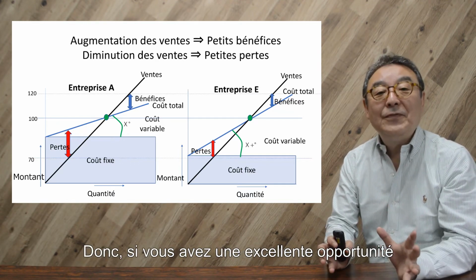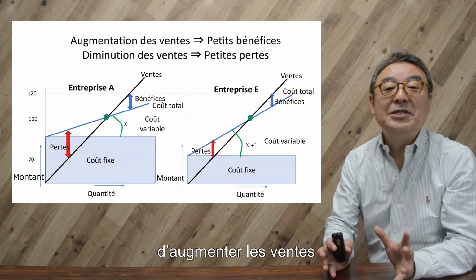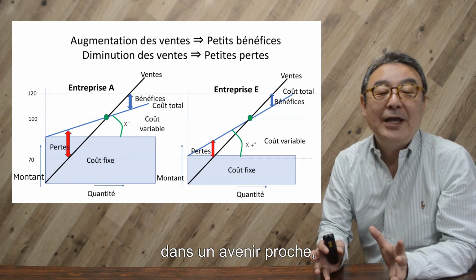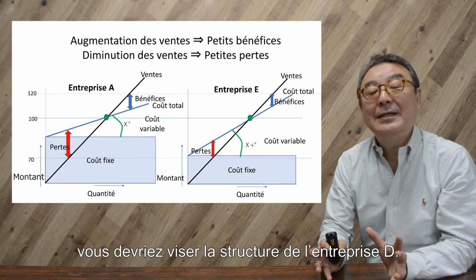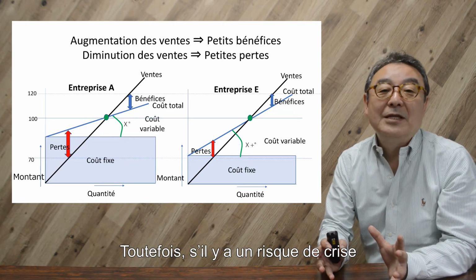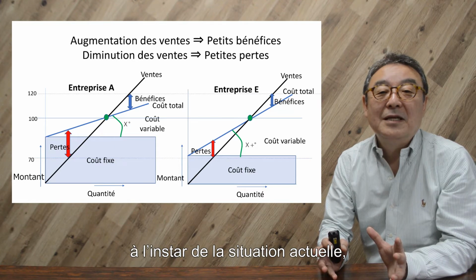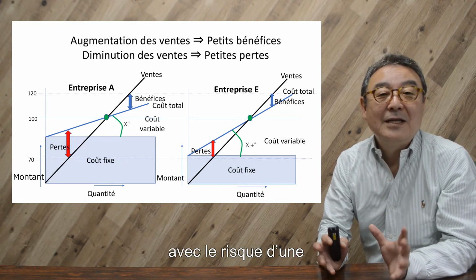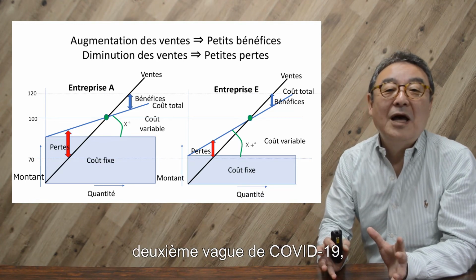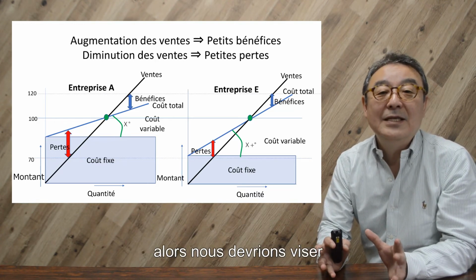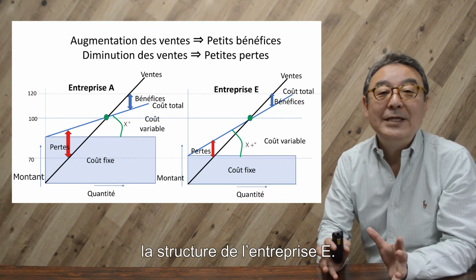So, if you have a big opportunity to increase sales in the near future, you should aim for the structure of D company. However, if there is a possibility of a crisis in the near future, like the current situation, where we have the possibility of a second wave of COVID-19, in this situation we should aim for E company.